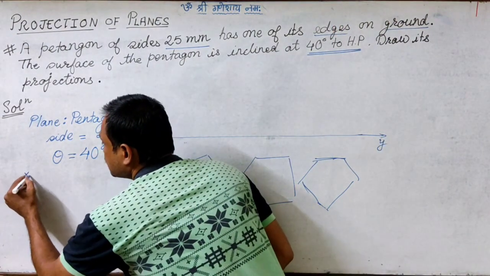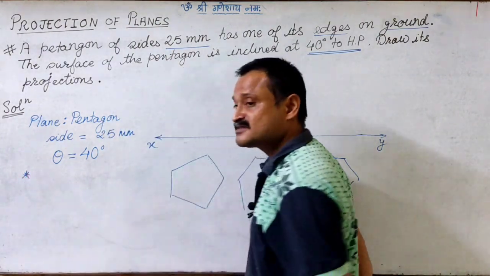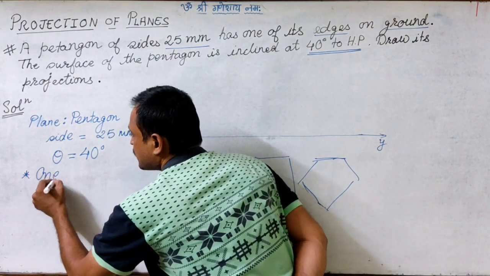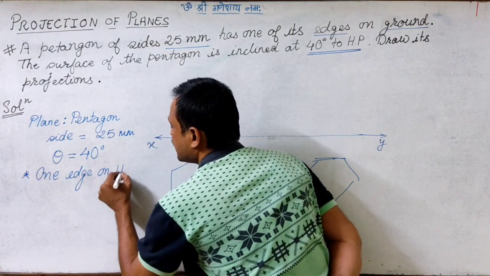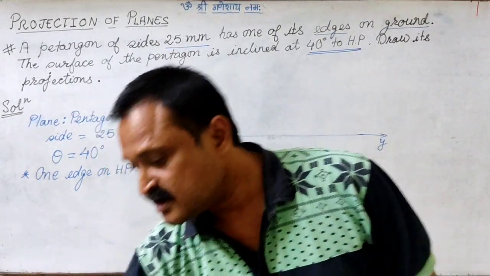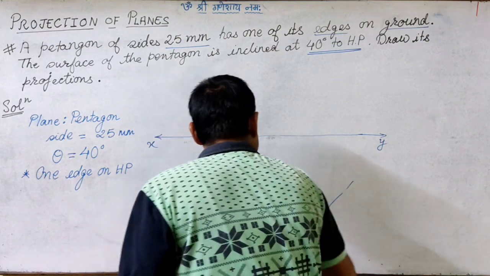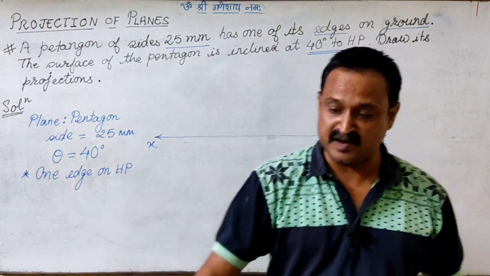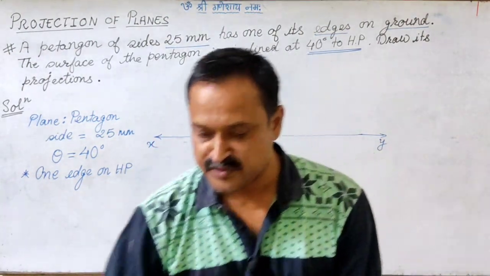So this is one of the conditions given to me, and I will always write it with a star mark: one edge on HP. So that means when we are giving this theta inclination to the pentagonal plate, one edge must stay on the ground.